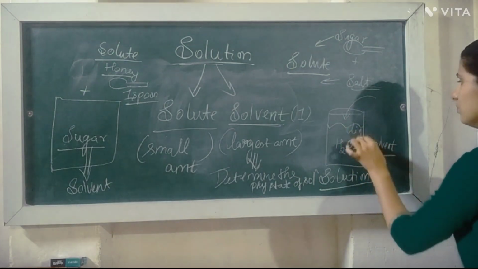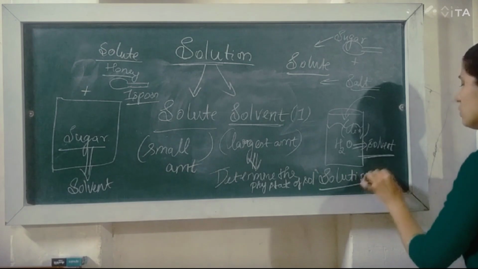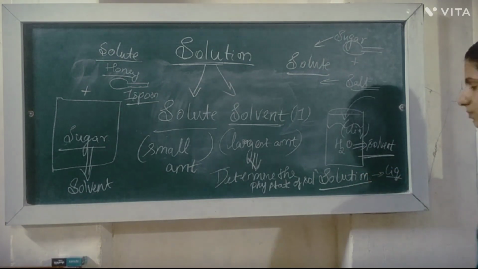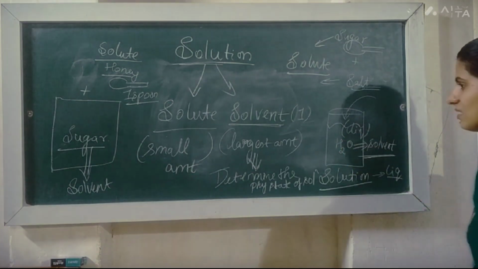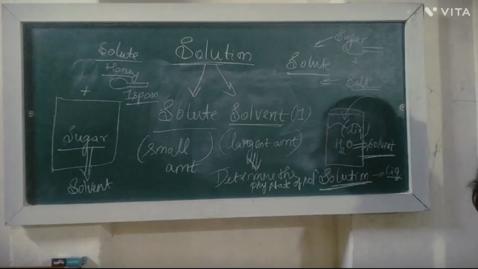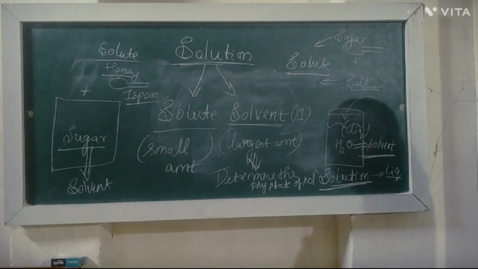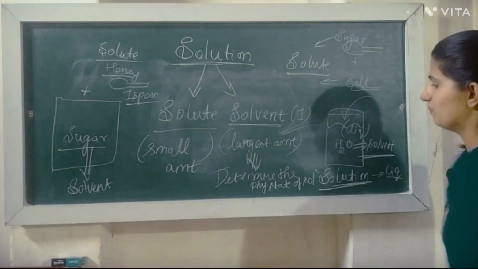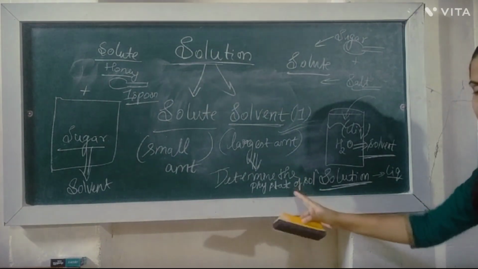And when I added this all, I got a solution which is also in a liquid form. So, this solvent is determining the physical state of solution. Are you getting? Solvent decides the physical state of solution.